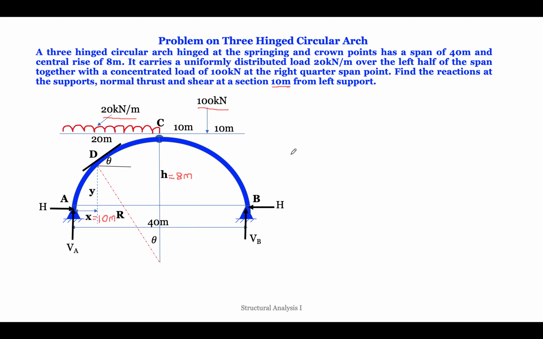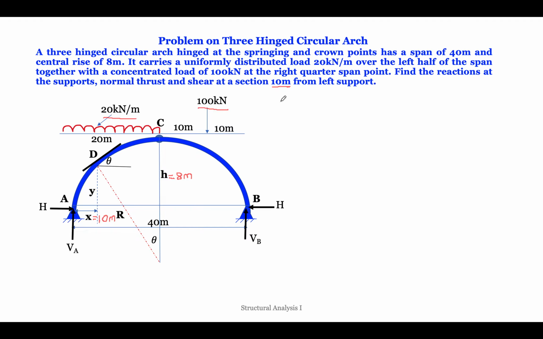So coming to the solution of this problem, if you remember our simply supported beam problem, what are the basic steps to solve any problem? This is also like the simply supported beam, you may just assume. For any similar structure, what are the basic steps to calculate the reactions?